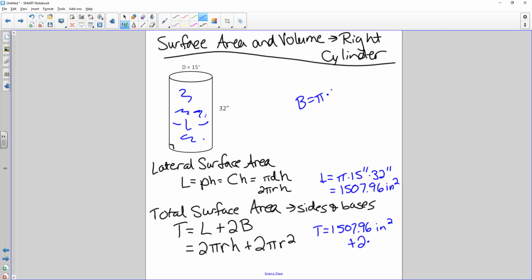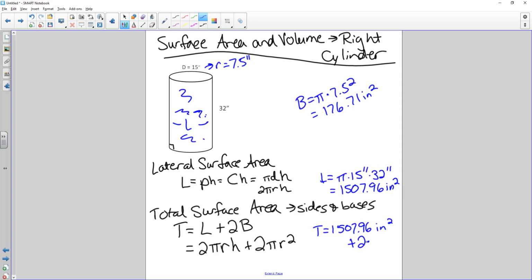Pi times the radius. The diameter is 15, so that means the radius is 7.5 inches. So to get the area, I'll do pi times 7.5 squared to get 176.71. So pi times 7.5 squared is 176.71 inches squared. If I go back down, that's the area of just the top.